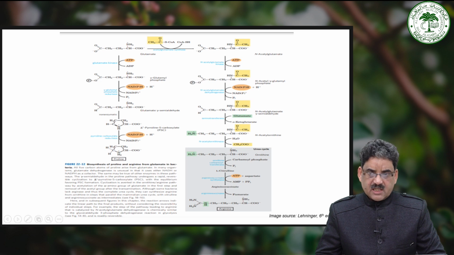In the first step of this bacterial pathway, the alpha amino group of glutamate is blocked through acetylation, requiring acetyl-CoA. After the transamination step, the acetyl group is removed, resulting in the production of ornithine.